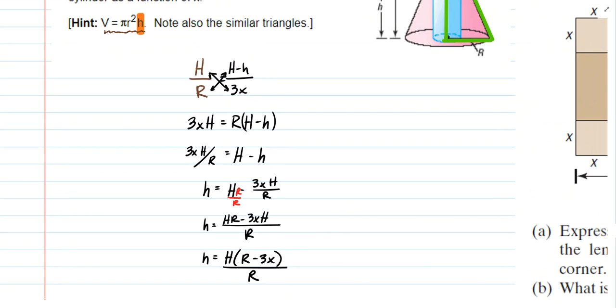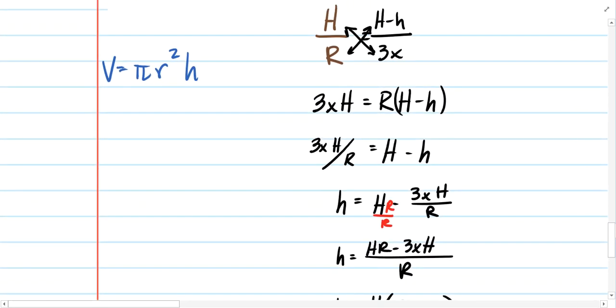Now, when we return to this volume function, volume is equal to pi r squared h. We can make two substitutions. The volume is equal to pi times 3x quantity squared, because again, the radius of the cylinder is equal to 3x.